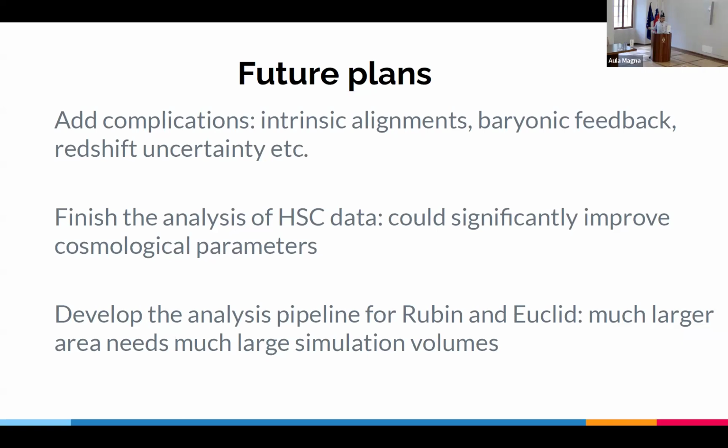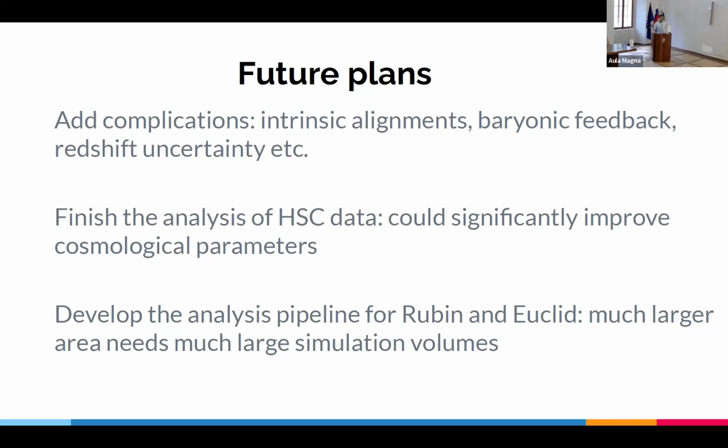Our immediate goal is to finish the Hyper Suprime-Cam year 3 analysis, which is a really nice data set that is well suited for this because Hyper Suprime-Cam is very similar to LSST, to Rubin. It goes to very small scales, and has a high density of background galaxies. So it's where we believe there's more information to be gained, because it's such a nonlinear regime where the power spectrum doesn't extract all the information. So we're looking forward to finishing this analysis.